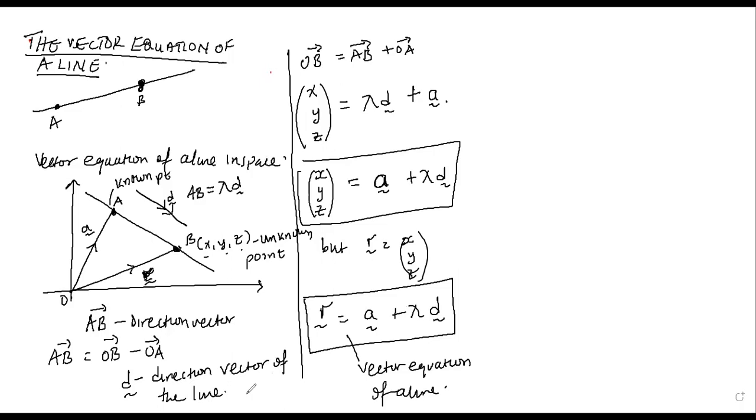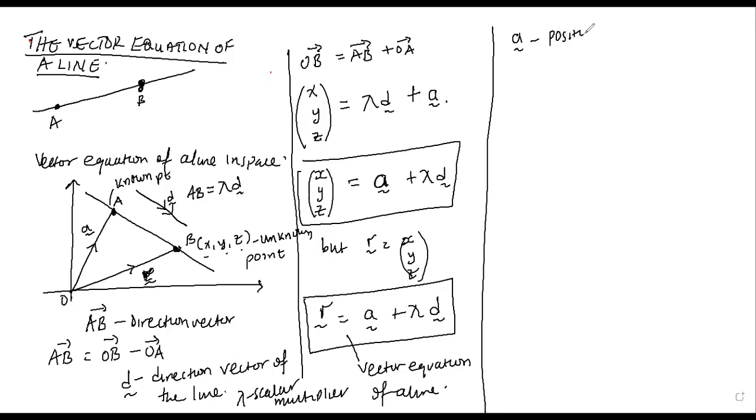Then lambda is a scalar multiplier. Then A is the position vector of any known point on the line. So that is the definition of the vector equation of the line.